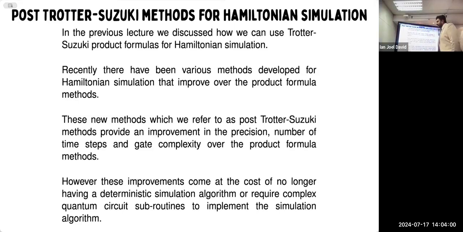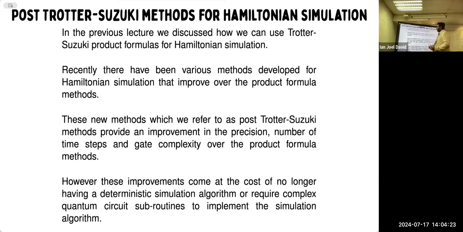So there's been many different methods that have been developed, some of which rely on a quantum walk-based approach. Some rely on constructing something called multi-product formulas. In today's lecture, we'll discuss one that relies on just implementing the direct truncated Taylor series to implement the time evolution of our closed quantum system.